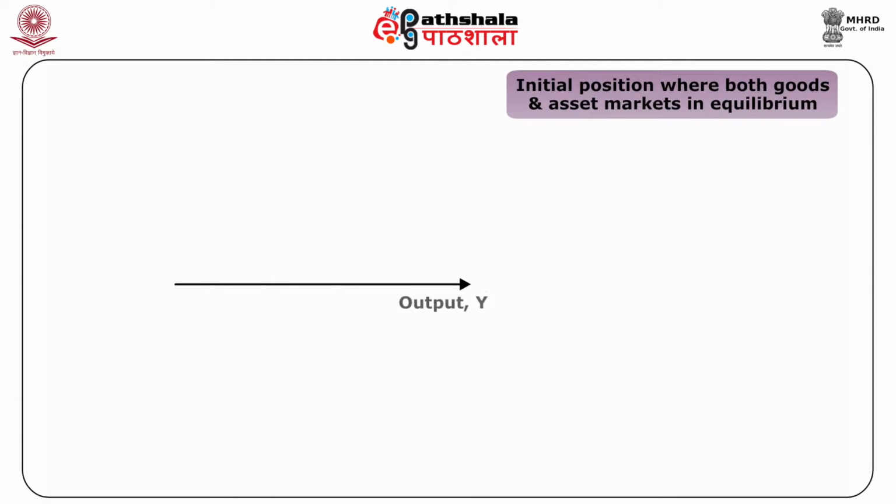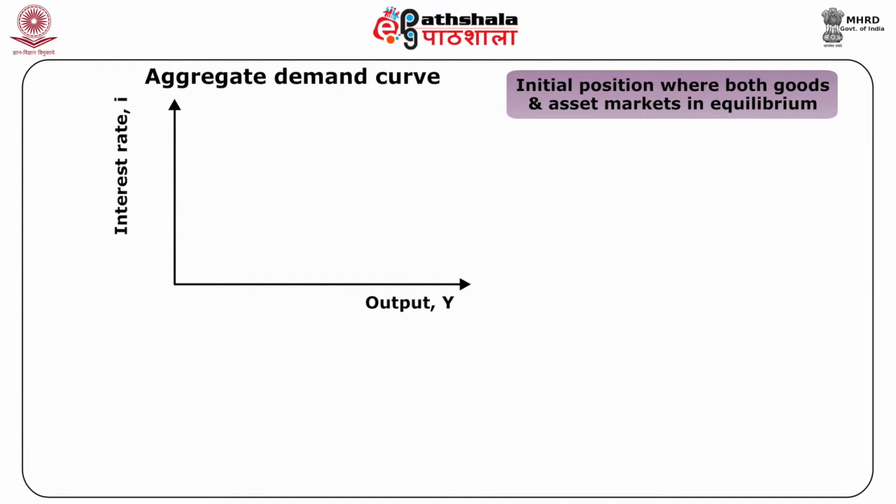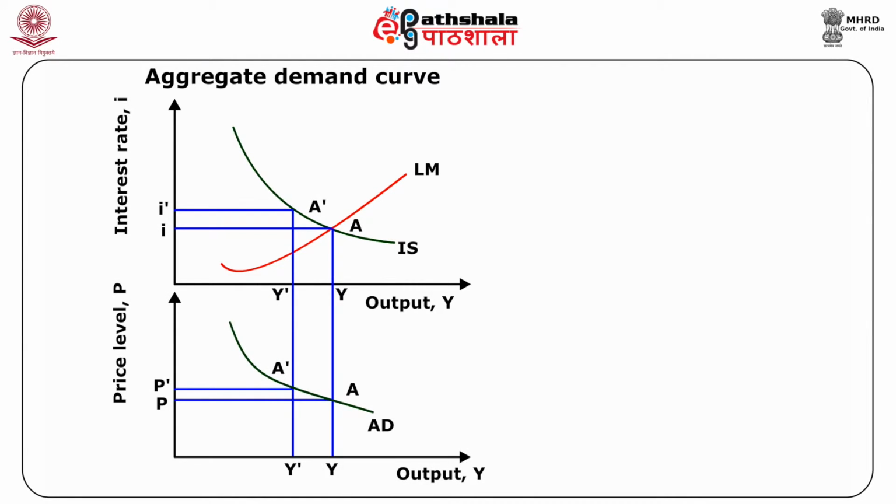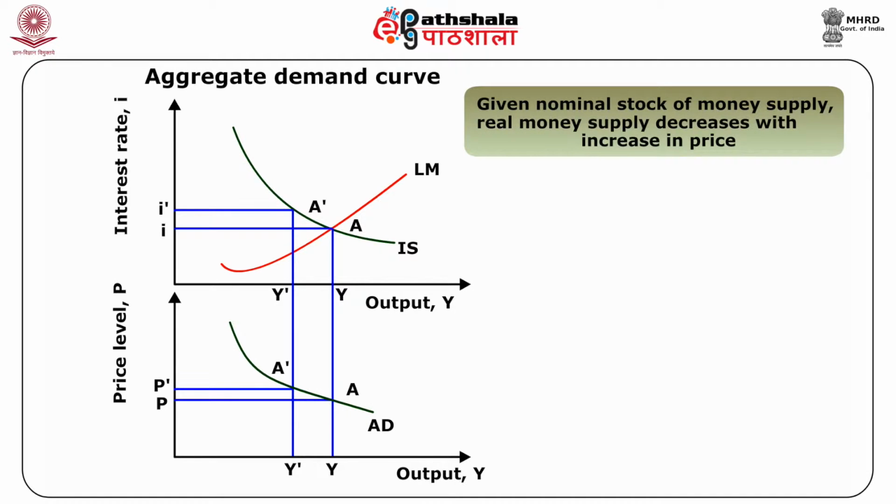The initial position where both the goods and the assets market are in equilibrium is at the intersection of the IS and LM curves at point A. Now suppose the price increases from P to P'. Given the nominal stock of money supply, the real money supply decreases with the increase in price.